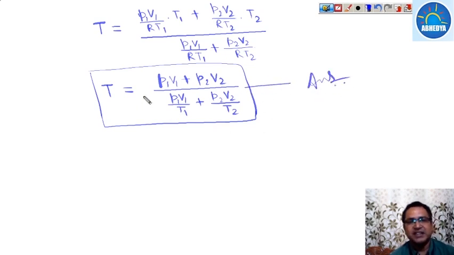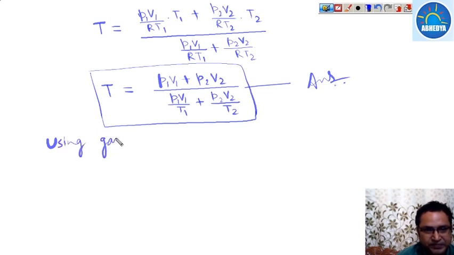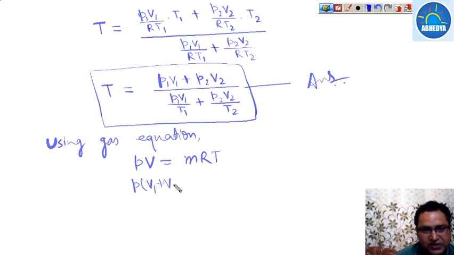Now the next part he is asking, what is the final pressure? The final pressure, so using the gas equation, final pressure into V is equal to mRT. So what is the final volume? This is V1 plus V2.